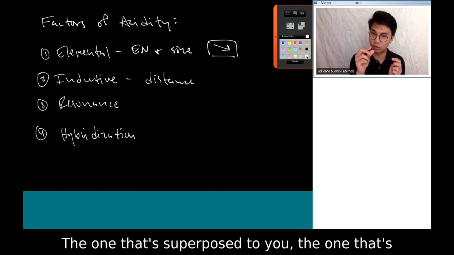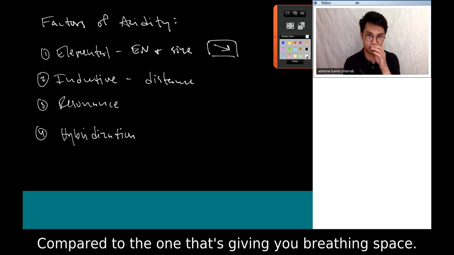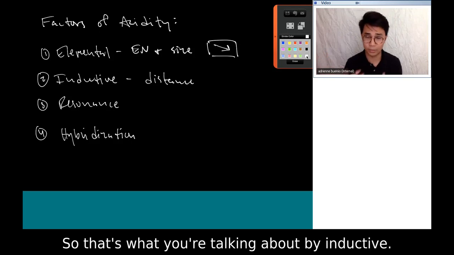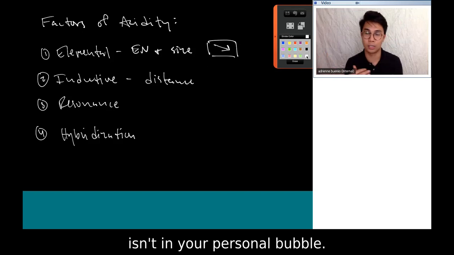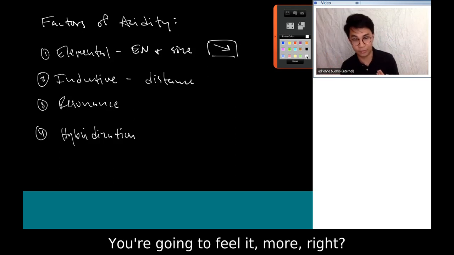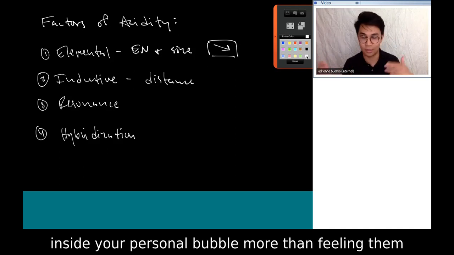The one that's super close to you, the one that's suffocating you, compared to the one that's giving you breathing space. That's what inductive is talking about. If oxygen is in your personal bubble, you're going to feel it more than if it's on the other side of the room.